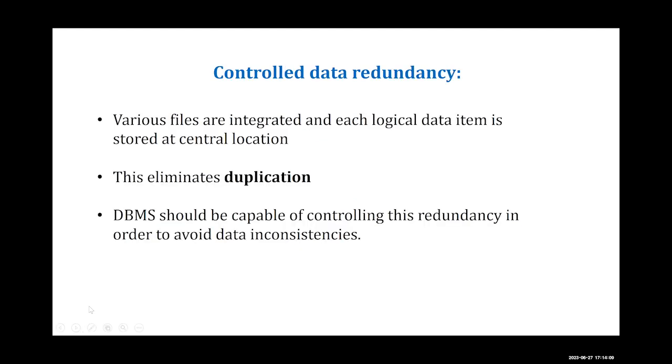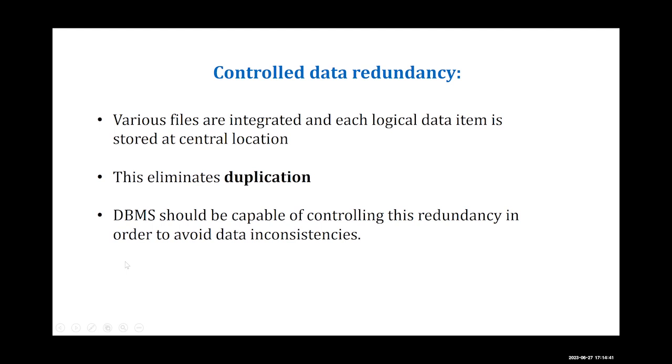Next is controlled data redundancy. So what is this controlled data redundancy? Various files are integrated and each logical data item is stored at a central location during the database design. This eliminates replicating the data item in different files, ensures consistency and saves storage space.